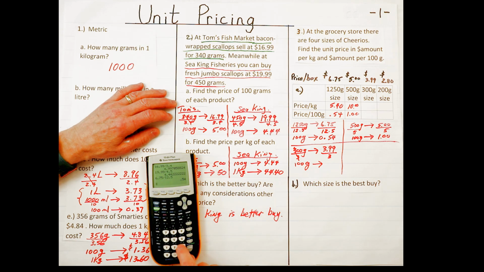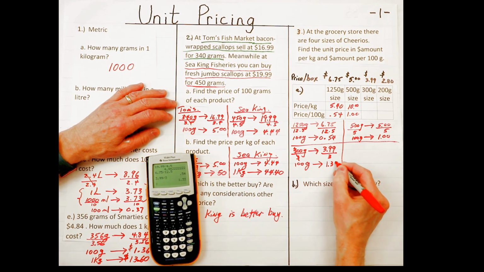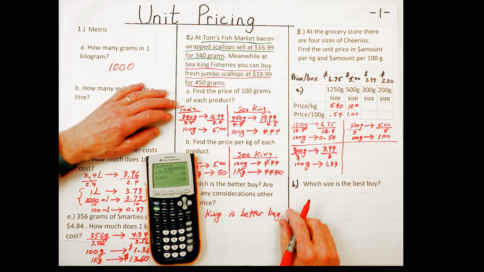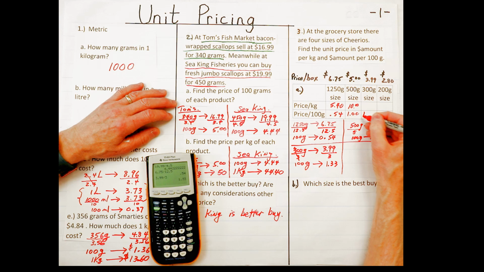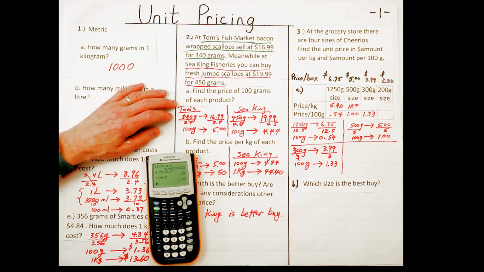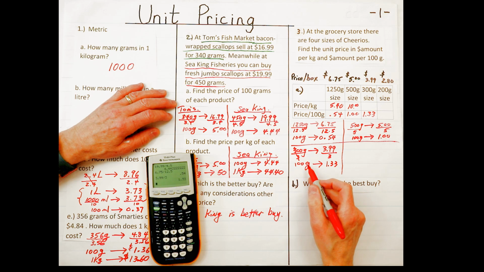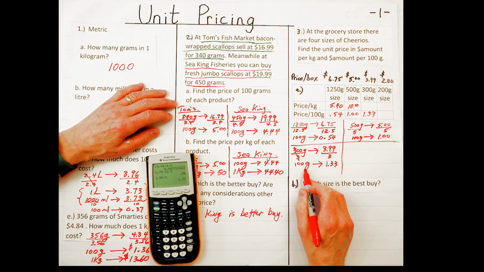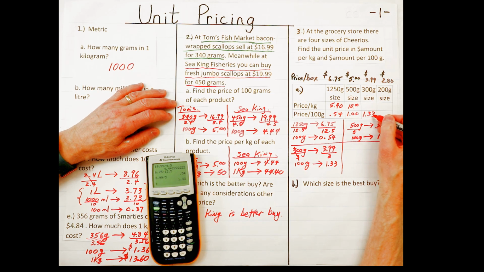And the cost will be $3.99 divided by 3, which is $1.33. So 100 grams is $1.33. How much would 1 kilogram be? Remember, 1 kilogram is 1,000 grams, so we have to multiply by 10. $1.33 multiplied by 10 is $13.30.